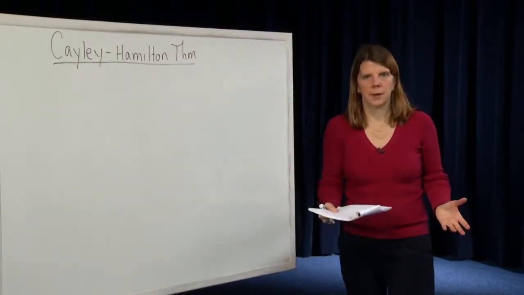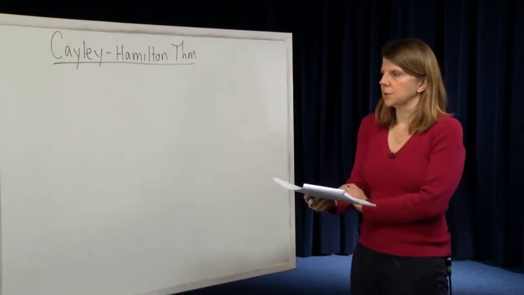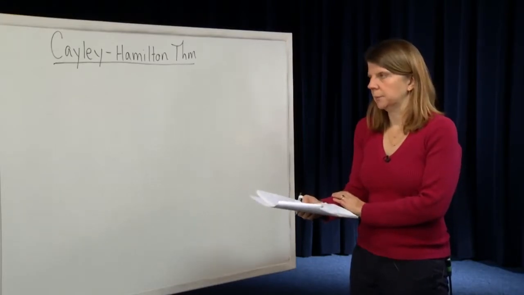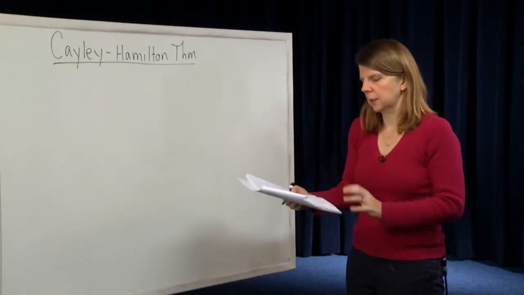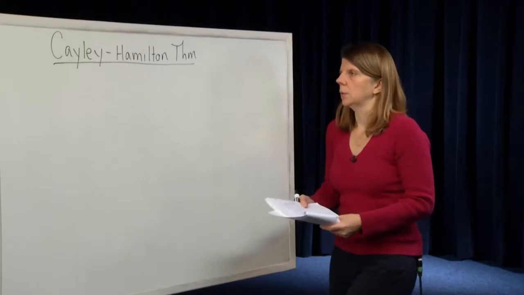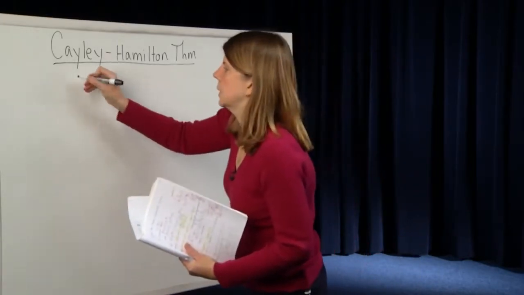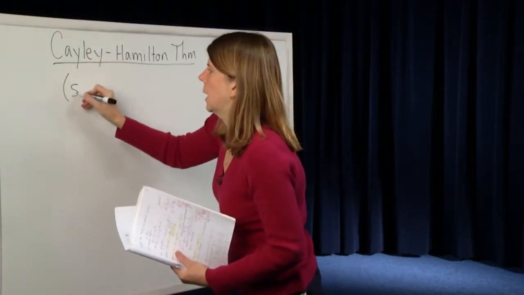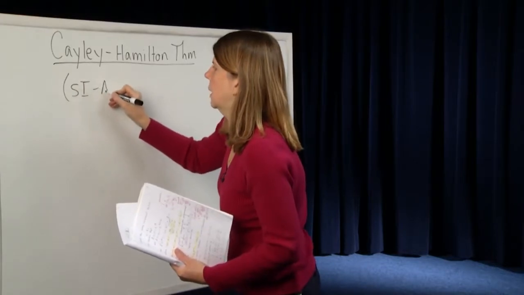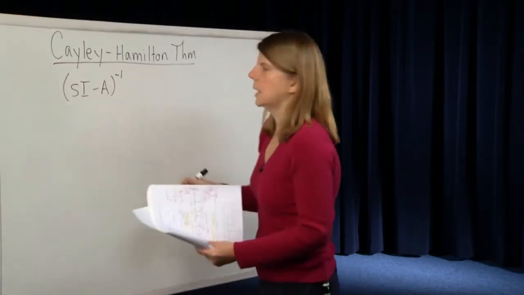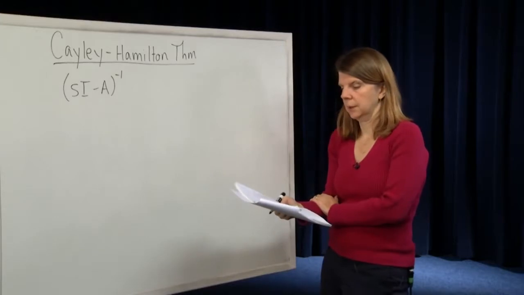To set up the Cayley-Hamilton theorem, let's think about what we actually want to do, which is to compute (sI minus A) inverse and then take its inverse Laplace transform.